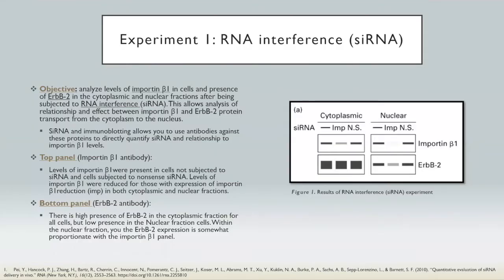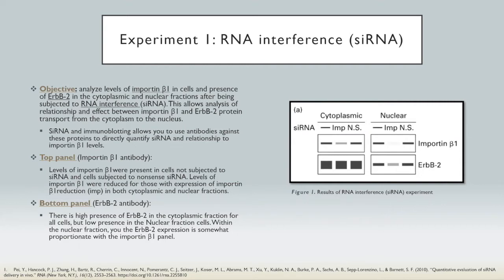So experiment 1 involved RNA interference, or siRNA, in which the objective was to analyze the levels of importin B1 in the cells and the presence of ErbB-2 in the cytoplasmic and nuclear fractions after being subjected to RNA interference.